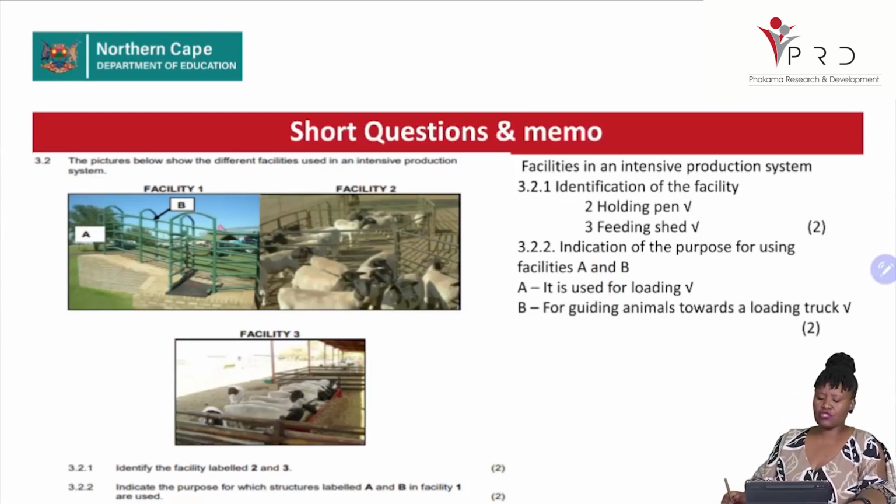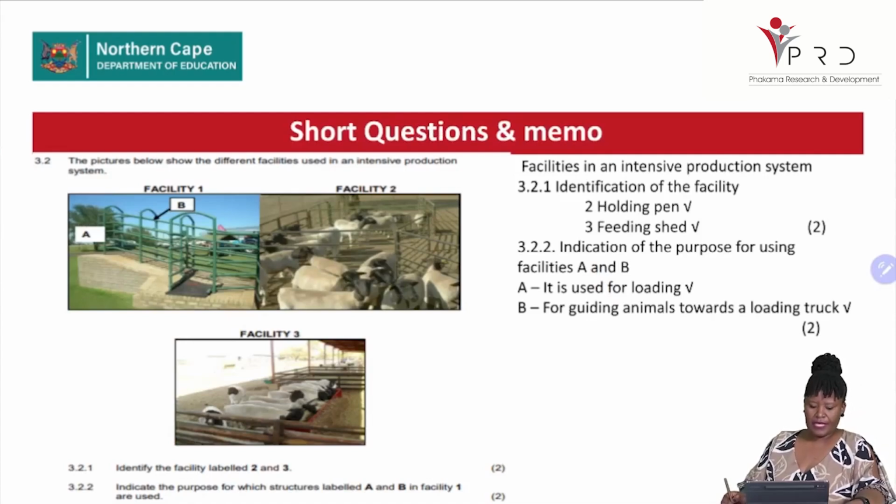Let's look at these short questions. The picture below shows the different facilities used in an intensive production system.